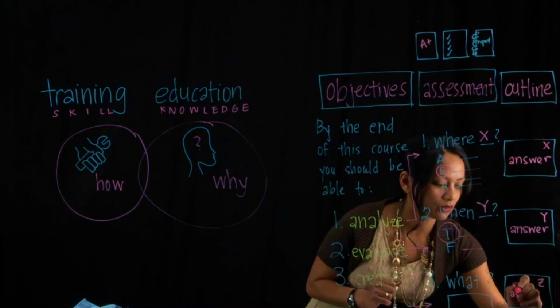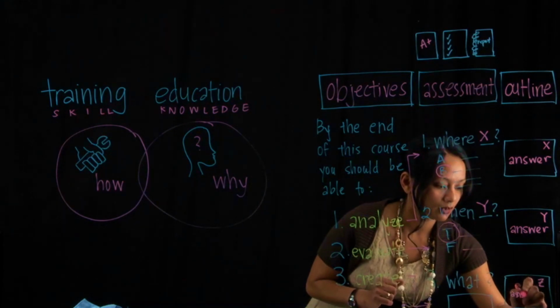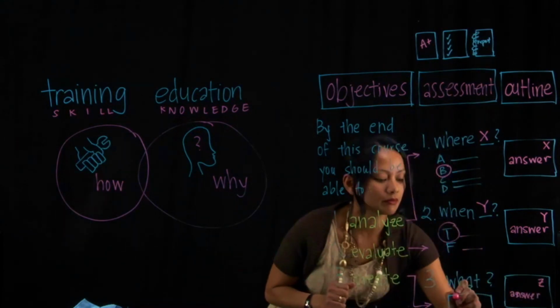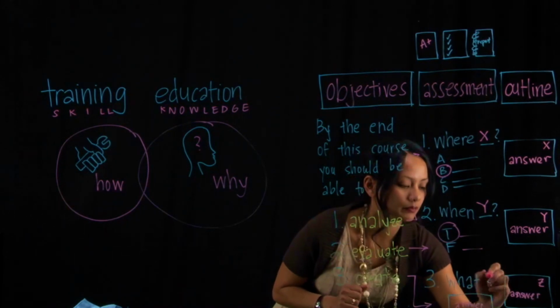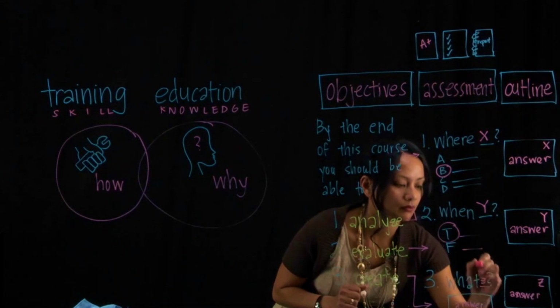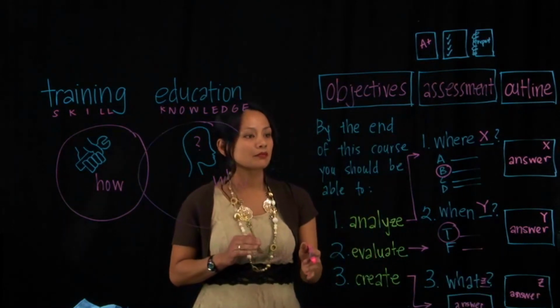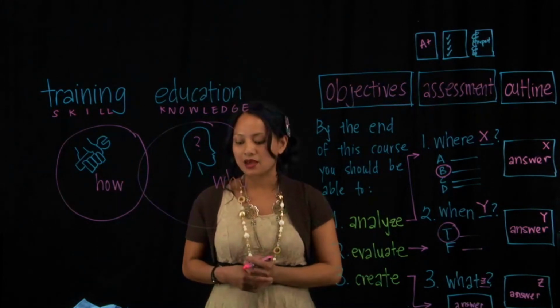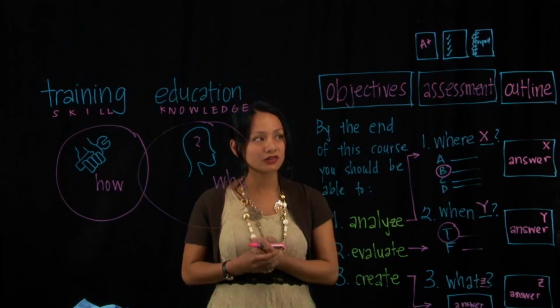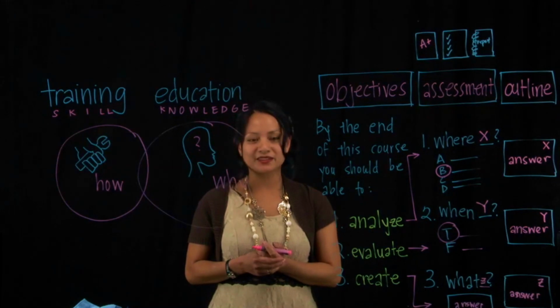So what you're doing is you're planning your instruction around measurable objectives that are described in an assessment. And that is how you apply backwards design when developing instruction.